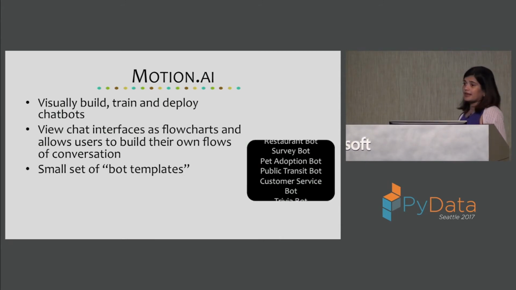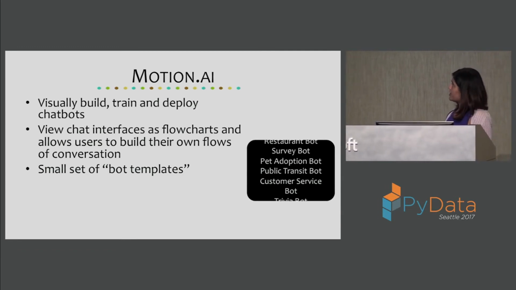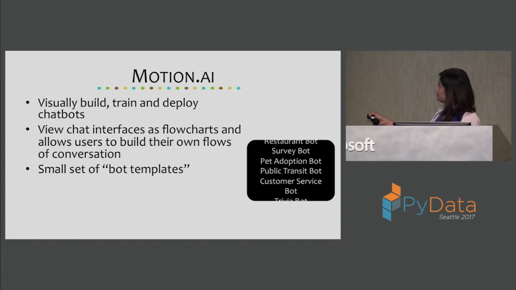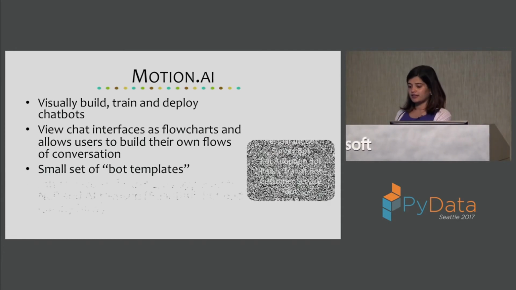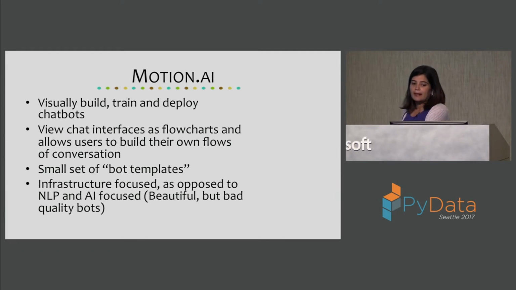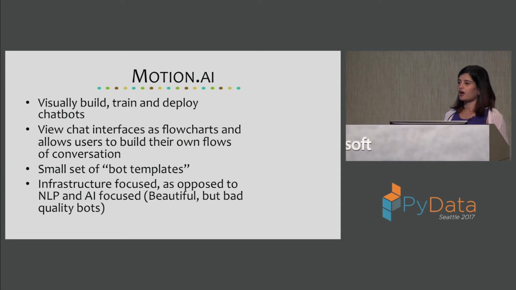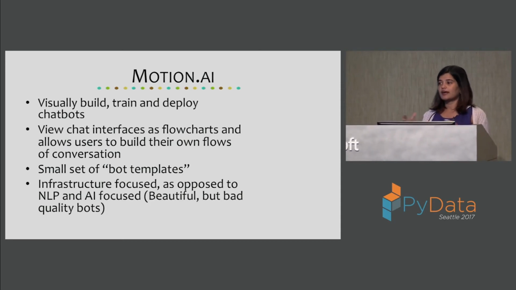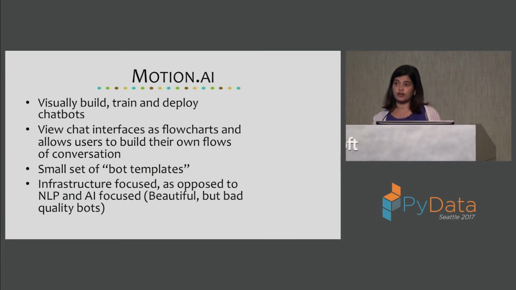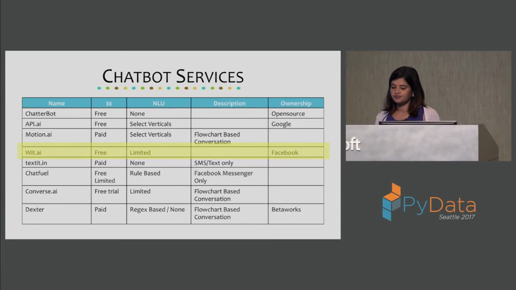They have some bot templates like the previous one, like the restaurant bot, survey bot, pet adoption bot, and so on. So it's a little more complicated than the previous one. But they're focused significantly on infrastructure. Not a lot of NLP, not a lot of machine learning. There is some. So you might have to take the core science piece of it outside and use it for infrastructure to create beautiful bots.